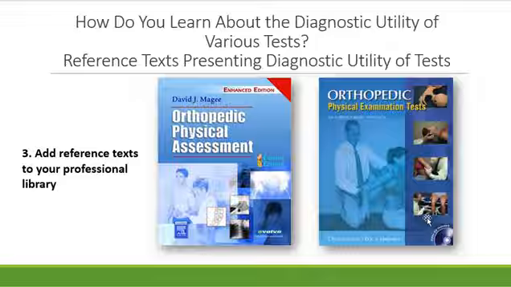It doesn't list the studies and describe them, but they present a table with the sensitivity and specificity, the positive and negative predictive value, and the likelihood ratios for each of the different studies. So it gives you kind of a comprehensive view of the range of scores that are out there for a particular test.